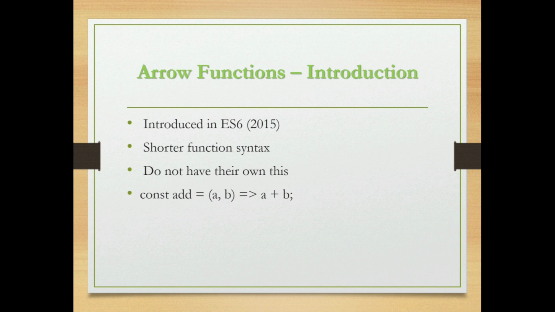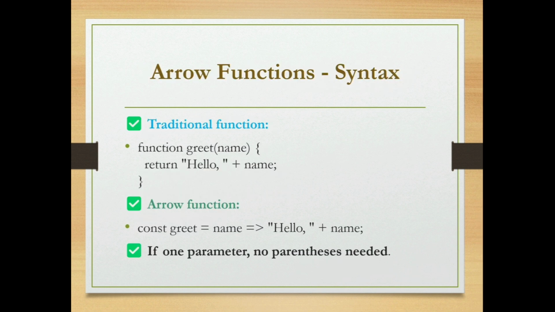Next we will see arrow function syntax clearly. These are the syntaxes. First we will see the traditional function. Here we will take a function, a method like greet, and I have written a value hello and name. Next I am taking an arrow function to print a name.